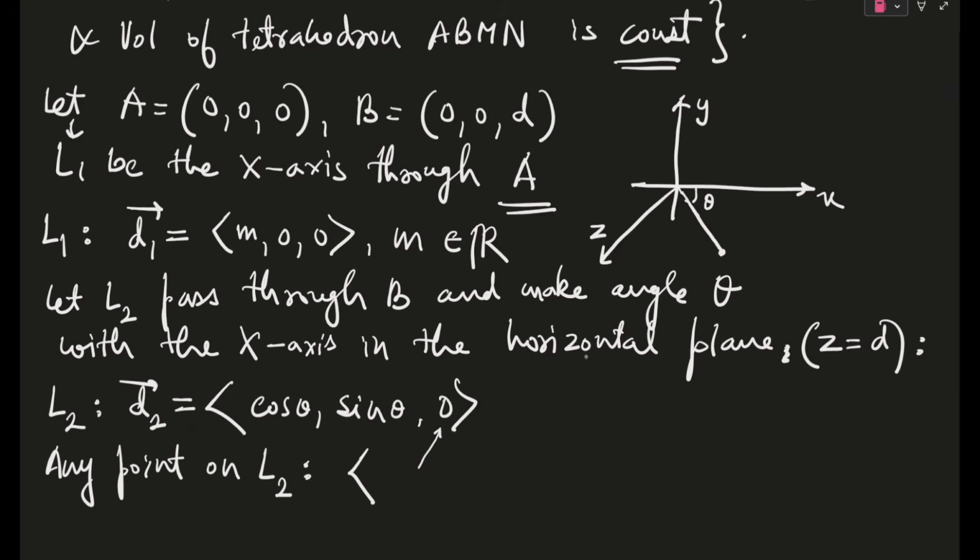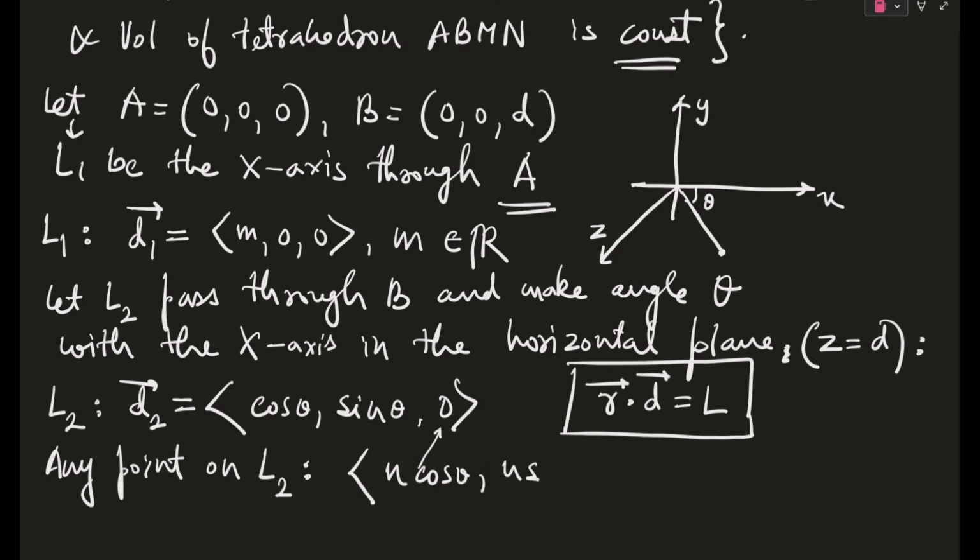We already know that this is the vector form of a straight line. So the most basic thing that can happen is a constant multiplied with this, so n cos theta, n sin theta, 0. I am trying to take the most basic case that is possible.